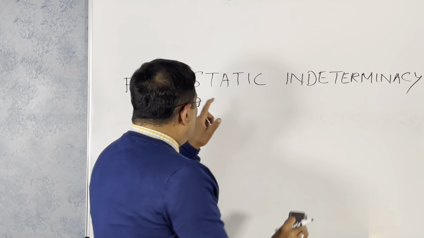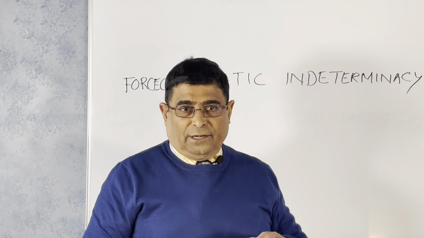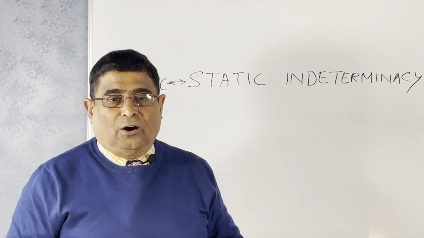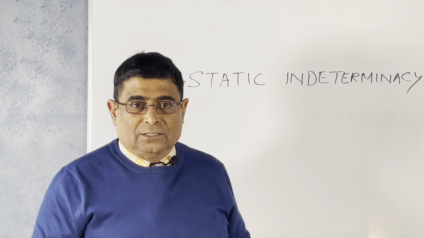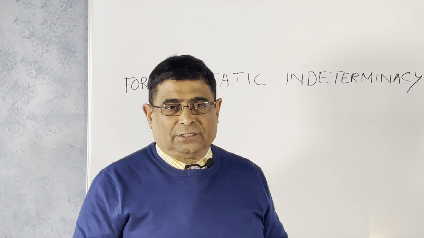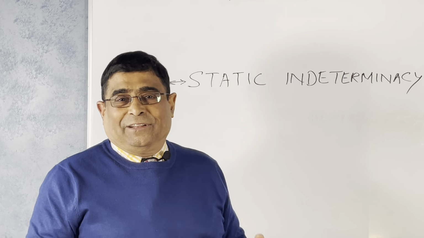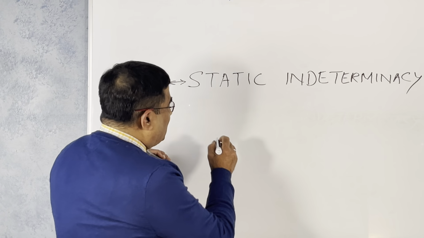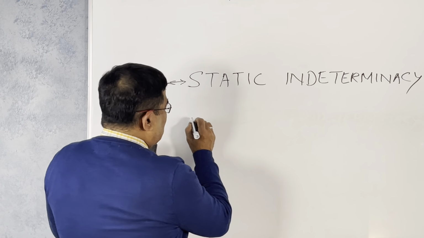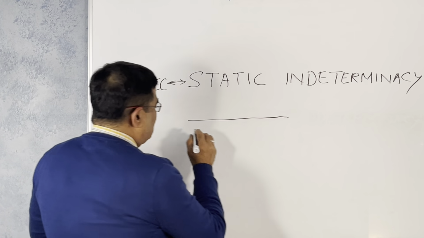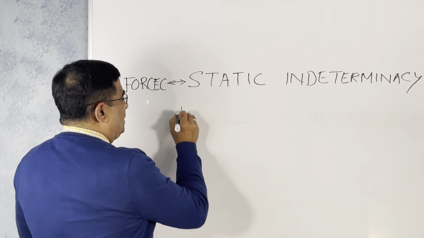But the static indeterminacy is very useful for finding out whether the structure can be solved by hand or not, or by some other extra procedures. It determines how you can find out the forces in the member. If you can easily determine the forces in the member, it is called a determinate structure. You should know the determinate structure and the indeterminate structure.